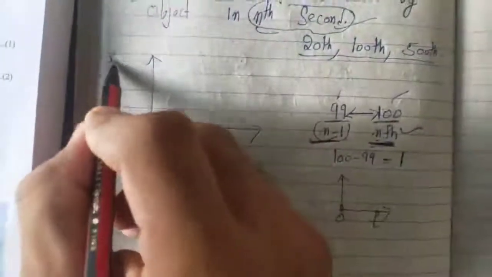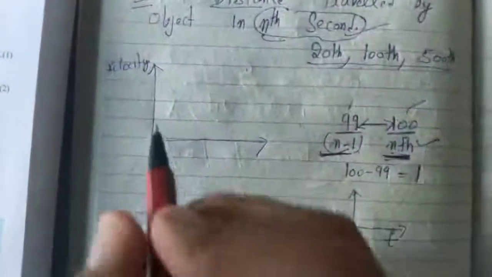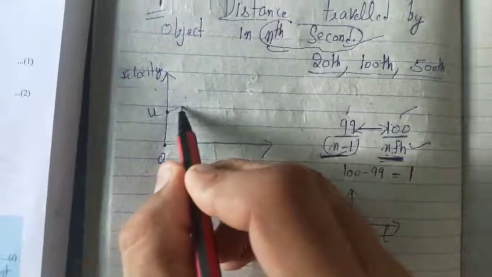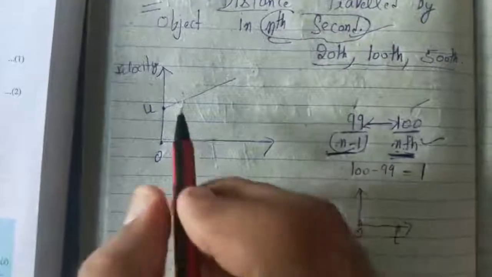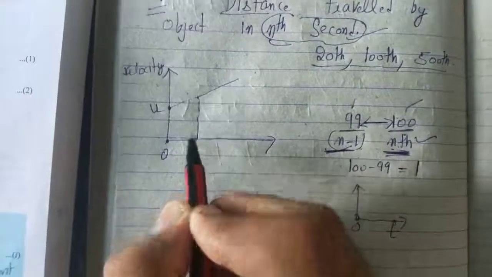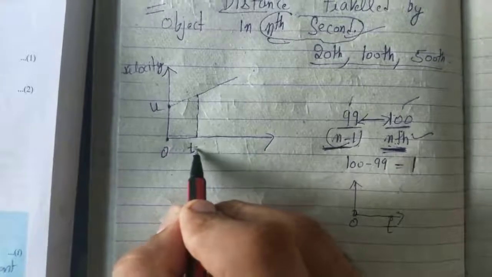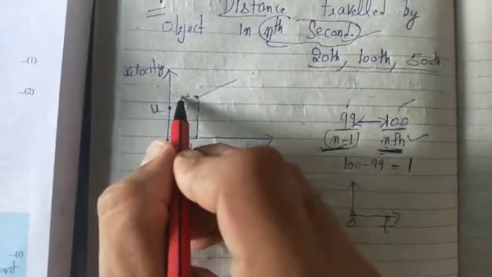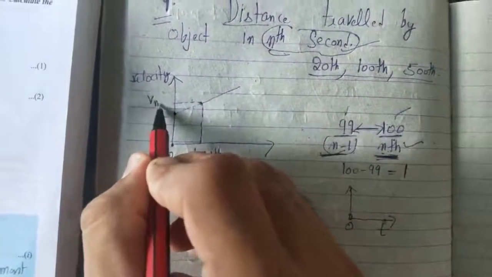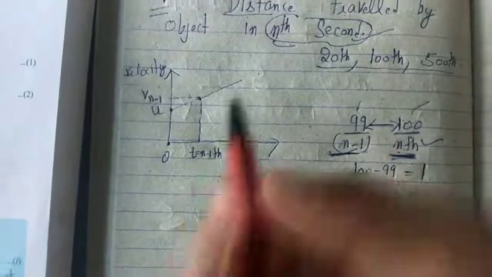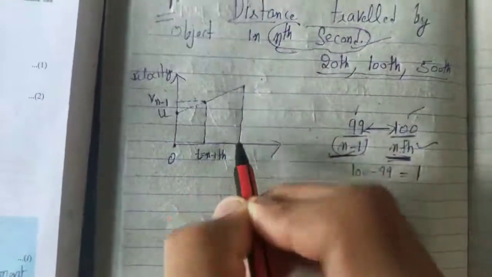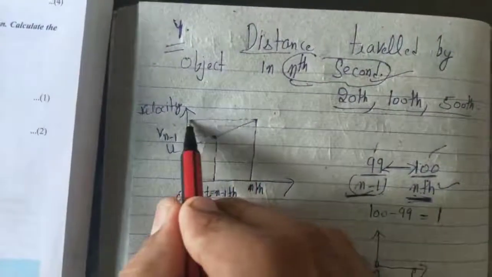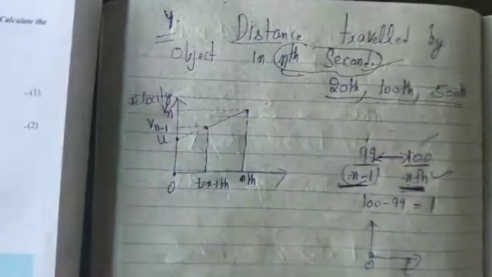So this is velocity. Okay, suppose time is 0 and velocity is u. Suppose here the time becomes t equals n minus 1th second, and suppose the velocity is v n minus 1, and now here the time is the nth second, suppose, and the velocity achieved by the object is vn.